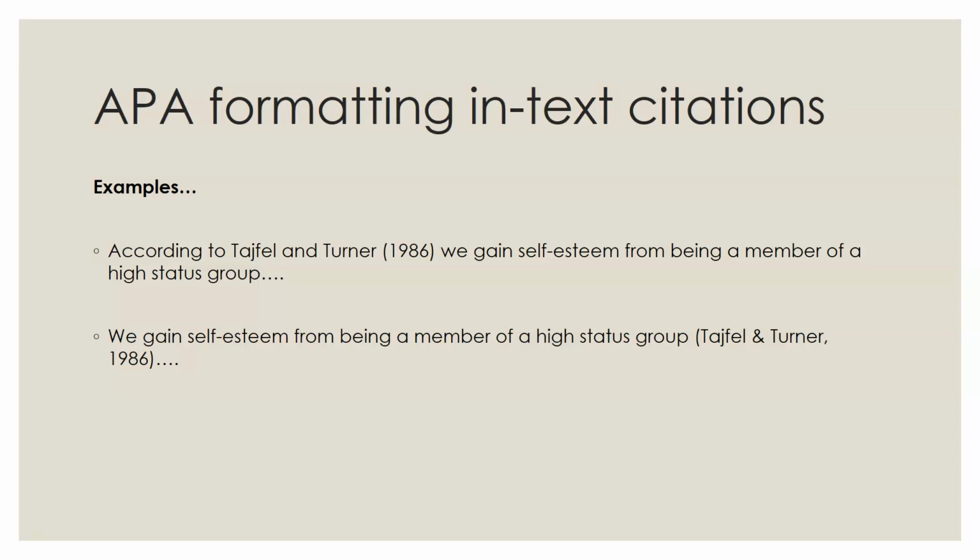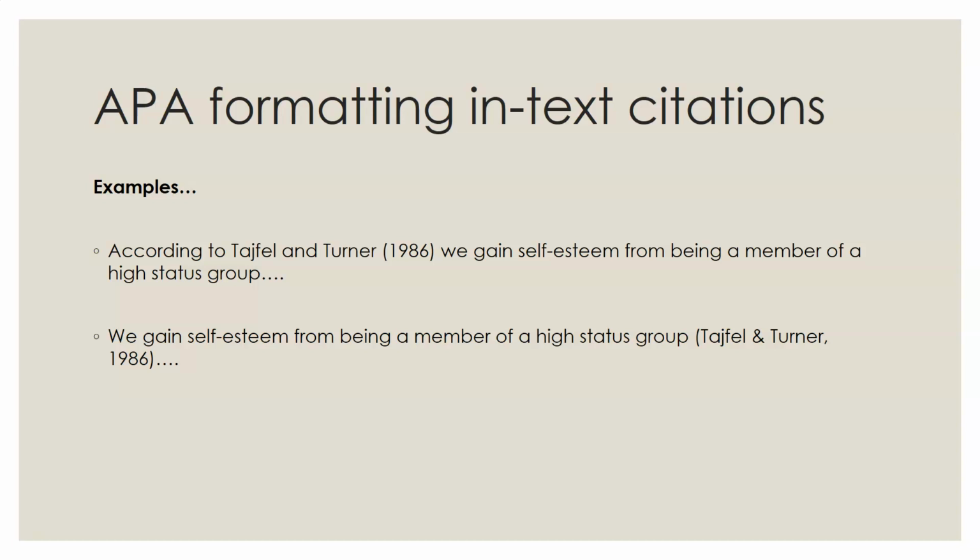For example, by saying, according to Tajfel and Turner, 1986, we gain self-esteem from being a member of a high-status group. This puts their names directly into the prose of your work, directly into the flow of your work.